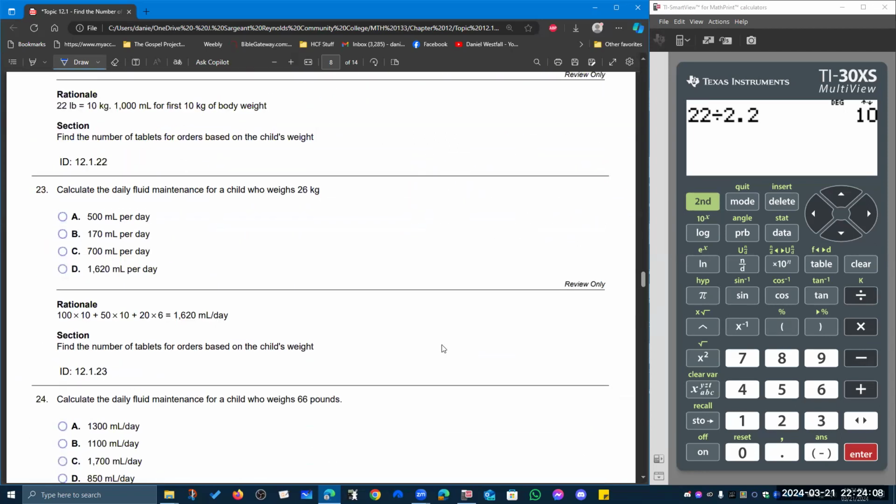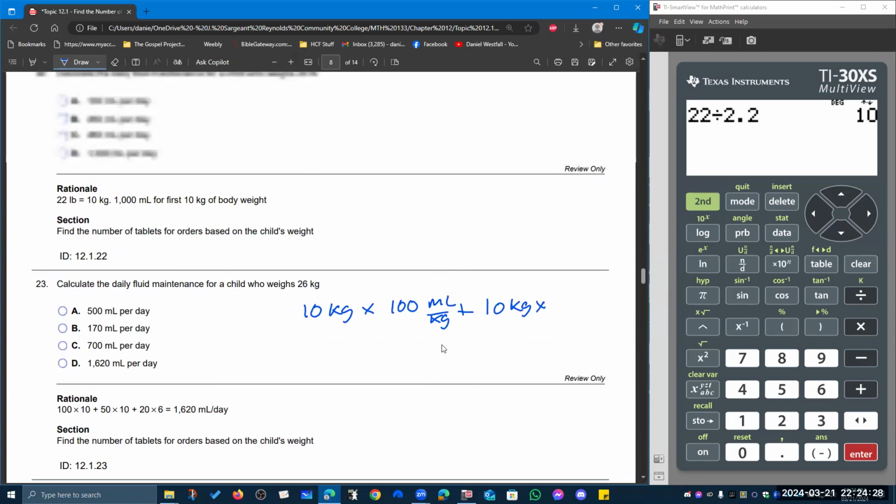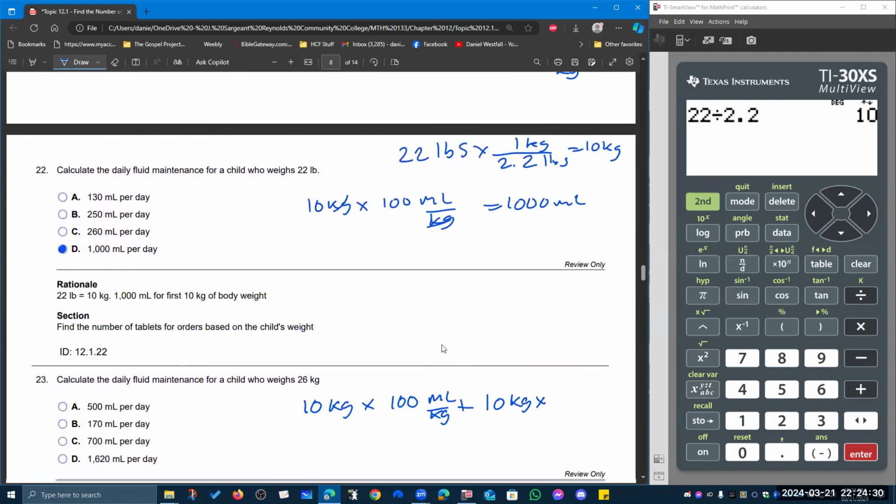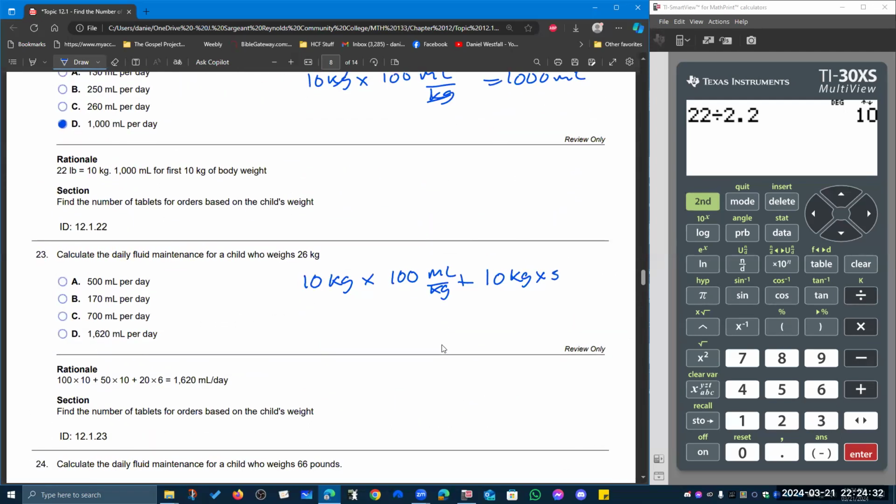Then we have a patient who weighs 26 kilograms. So we're going to have 10 kilograms times 100 milliliters per kilogram, plus the next 10 kilograms will be at, I believe it's 50, yes, milliliters per kilogram. And then that takes us to 20.